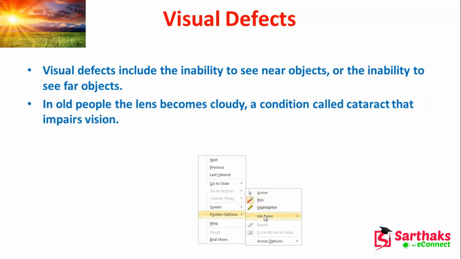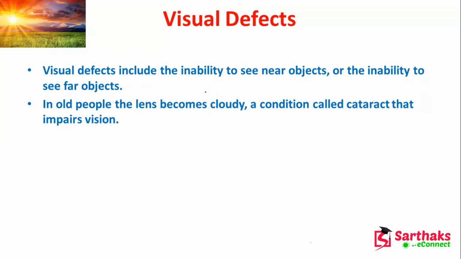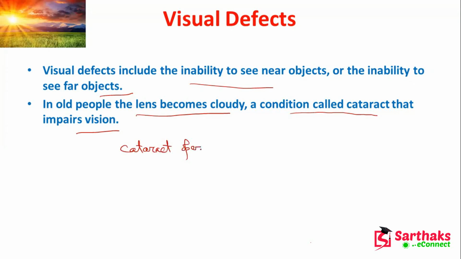In old people the lens becomes cloudy, a condition called cataract that impairs the vision. You have heard the term cataract operation, right? So the doctors are placing a lens there.